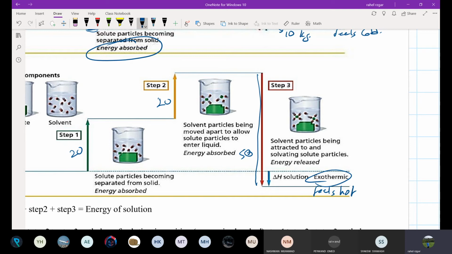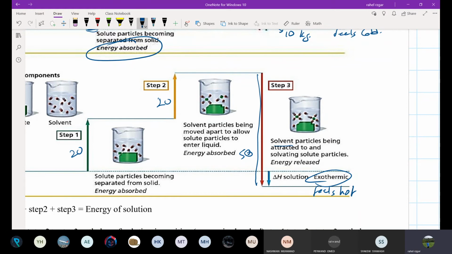At which point is energy actually released? When there is a formation of bonds between what? Between the solvent particles and the solid particles. Do you remember that we said if you dissolve anything in water, we call it hydration?